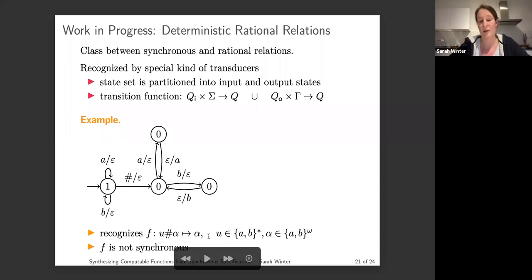And this is not a synchronous function. So with deterministic rational relations, we can express more than with synchronous functions. For example, we could make relations that use infixes of words and something like that, which is not possible if we restrict ourselves to synchronous specifications.